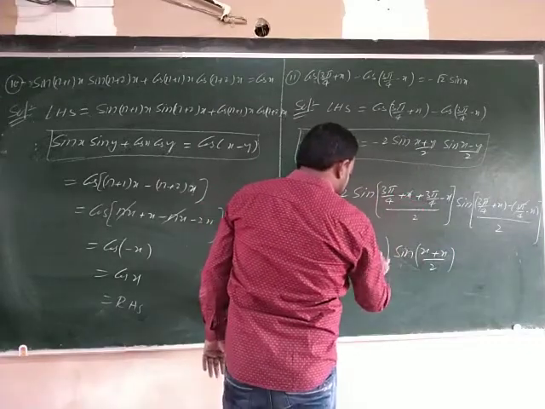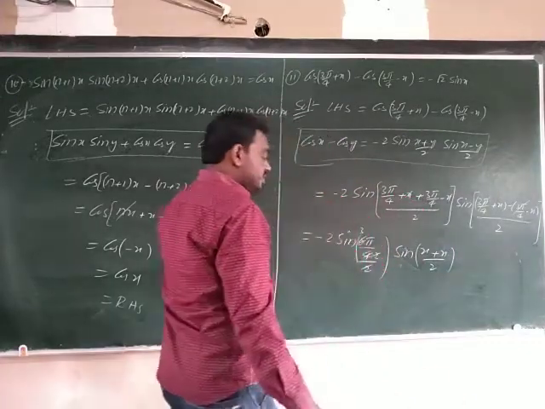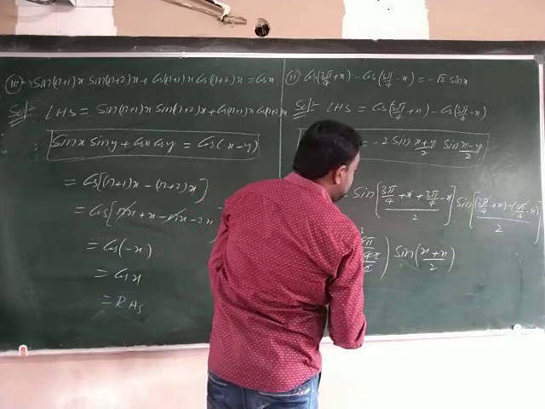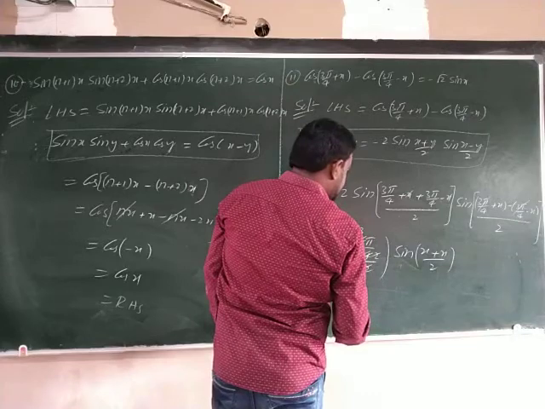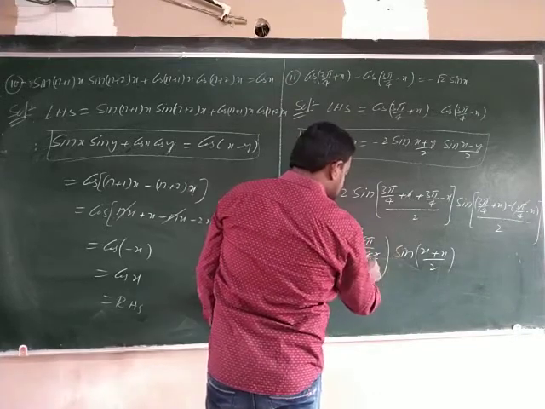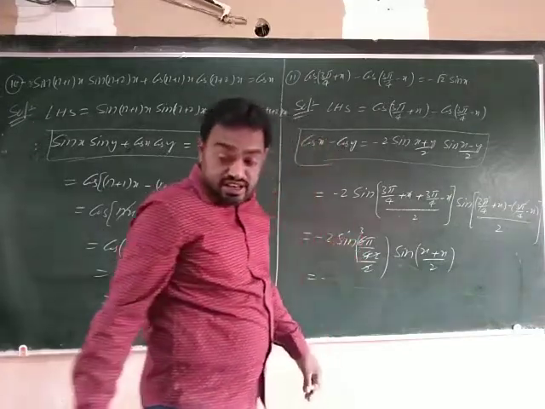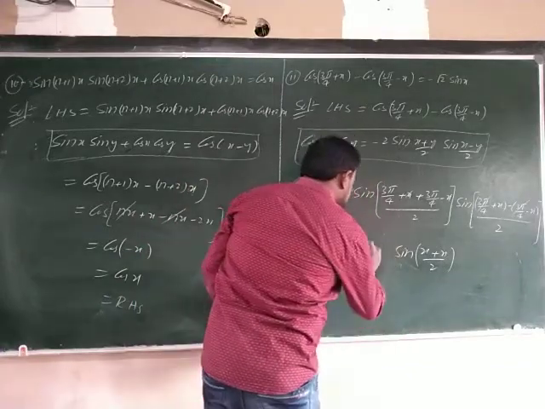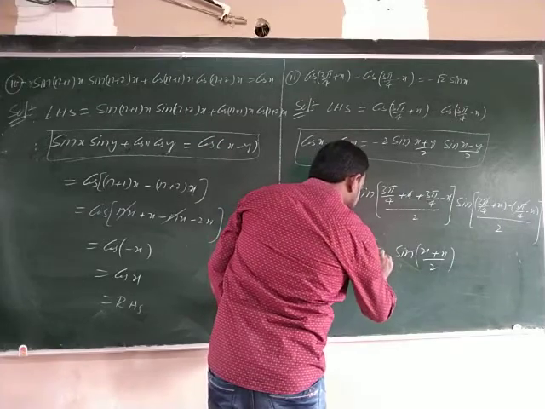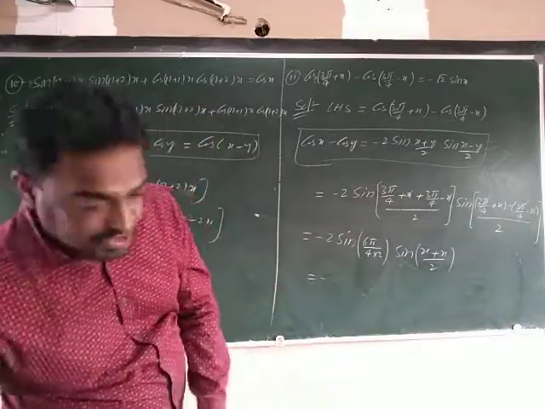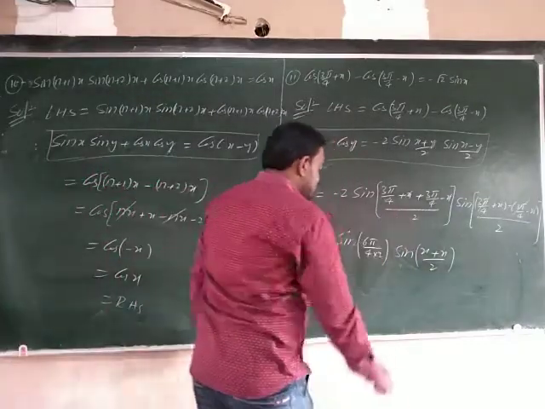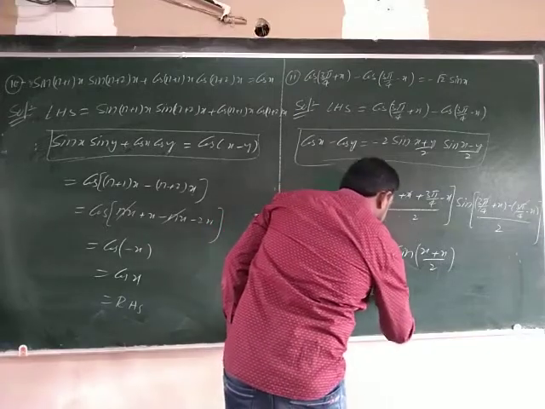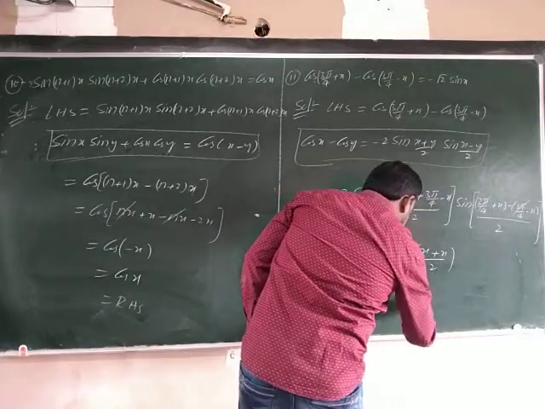Here the 2s get cancelled. Now this is equal to minus 2 sin of 6 pi by 4 by 2, multiplied with the second portion, sin 2x by 2.